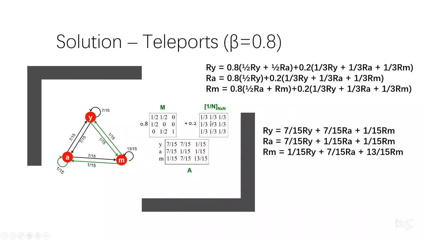We assume all the chances are 1/3, meaning at any of node Y, node A, and node M, there are random chances to jump to itself or to the other two nodes. That's where the 1/3 comes from. After calculation, we can see that ry equals 7/15 ry plus 7/15 ra plus 1/15 rm. Similarly for ra and rm.